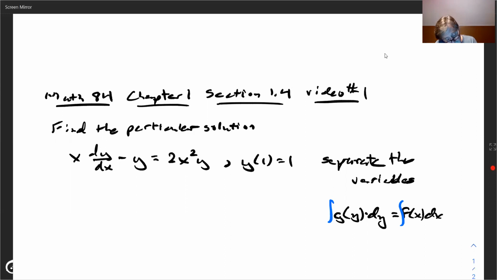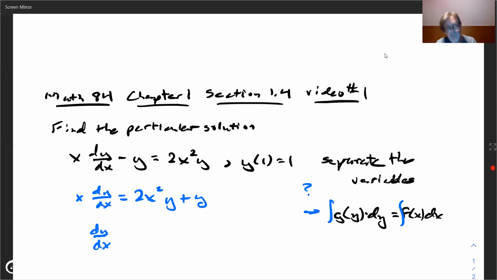What I'm going to do at the front end of this is pure algebra. Can I get it in this form? I'll throw the y to the other side, and I'll write it as 2x squared y plus y. Then I'll divide out the x, so dy/dx is equal to, now the algebra I'm going to do quick. I'm going to divide by x, but I'm also going to factor out the y.